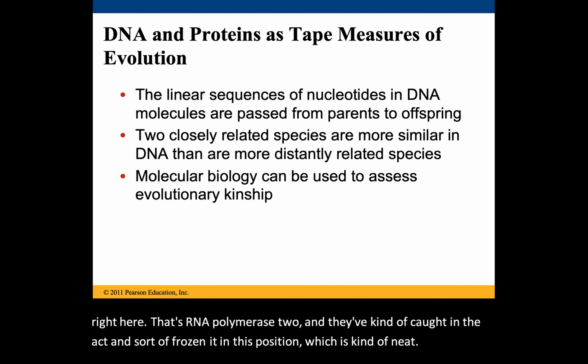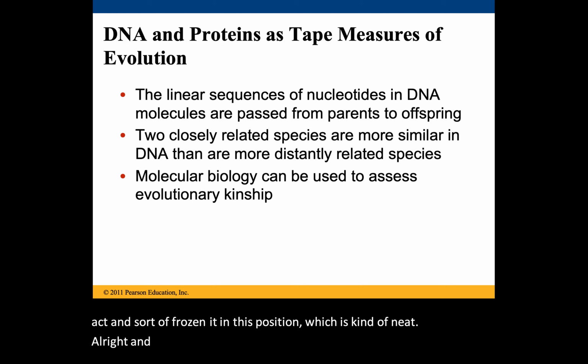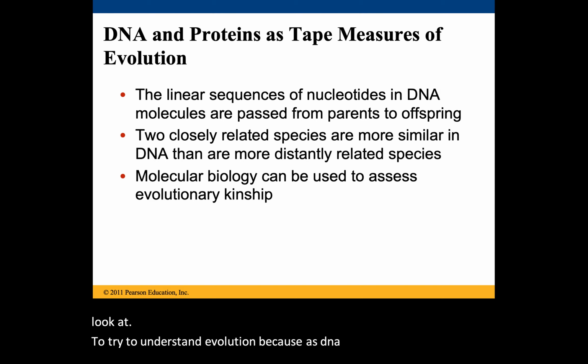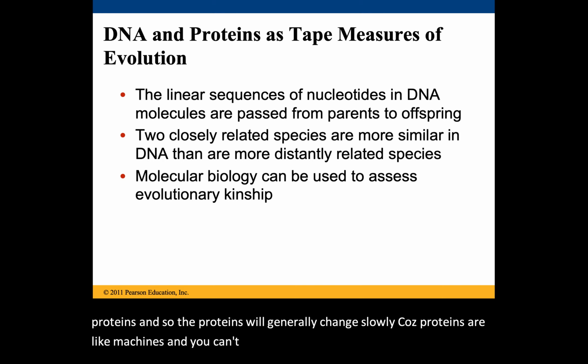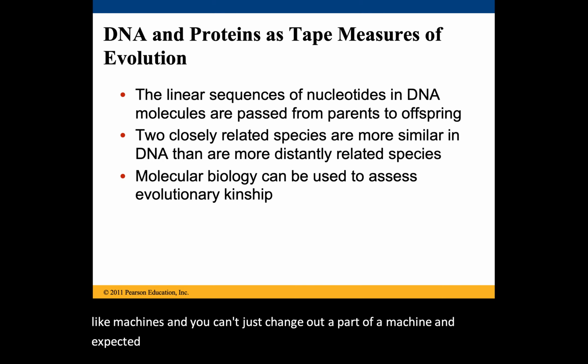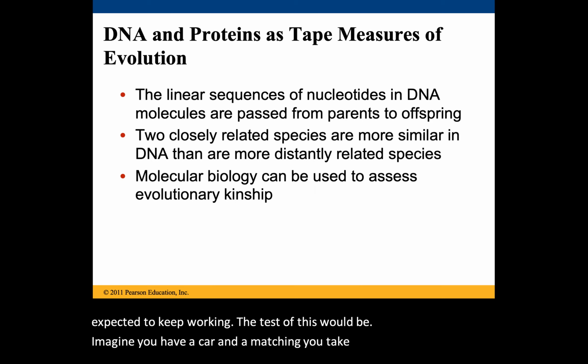All right. And so, yeah, DNA and proteins are definitely things that we can look at to try to understand evolution, because as DNA changes, the DNA codes for proteins, and so the proteins will generally change slowly, because proteins are like machines, and you can't just change out a part of a machine and expect it to keep working. The test of this would be, imagine you have a car, and imagine you take the spark plugs out of your car.